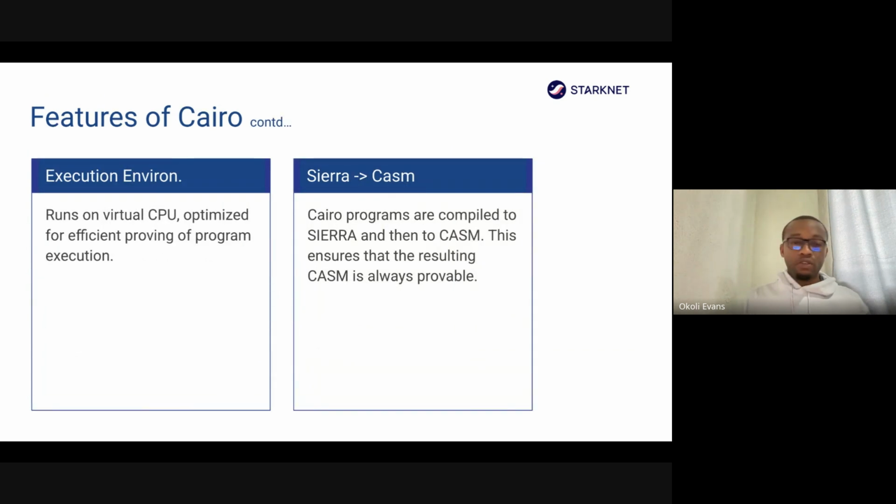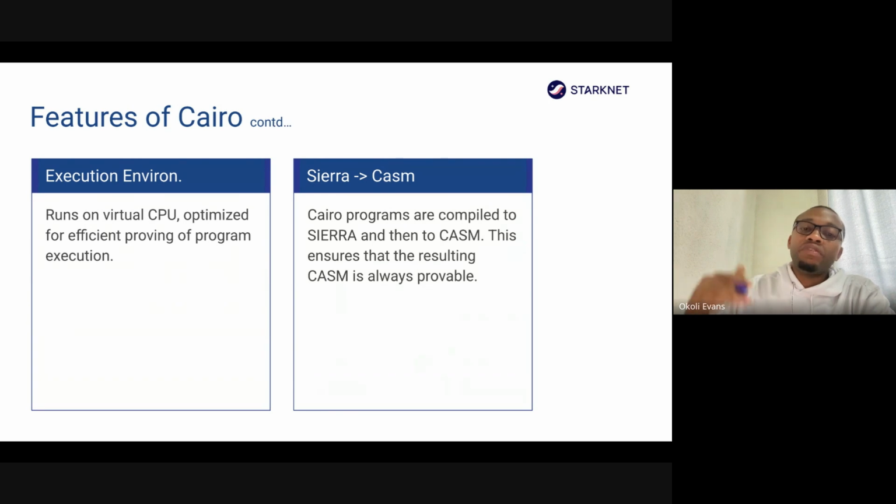So, execution environment. Cairo runs on a virtual Cairo CPU, the Cairo virtual machine. Most of these blockchain smart contract languages have their own virtual machine. You have the EVM that runs Solidity.